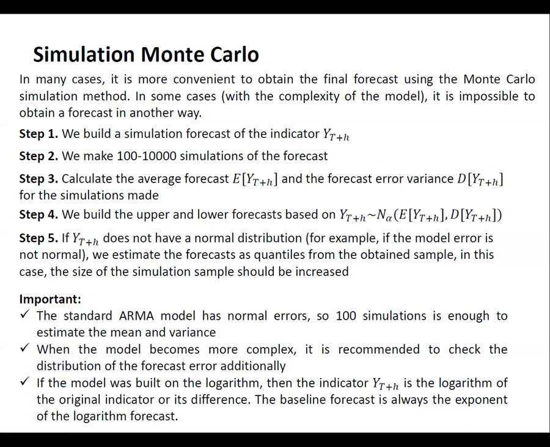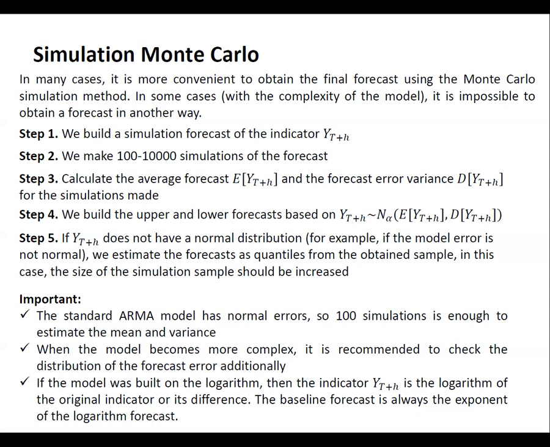If we know for sure that our forecast has a normal distribution, or more exactly, the forecast error has a normal distribution, then it is enough to make 100 simulations. Then calculate the expectations from them and the error variance. And using the formula for the normal distribution, calculate interval predictions.